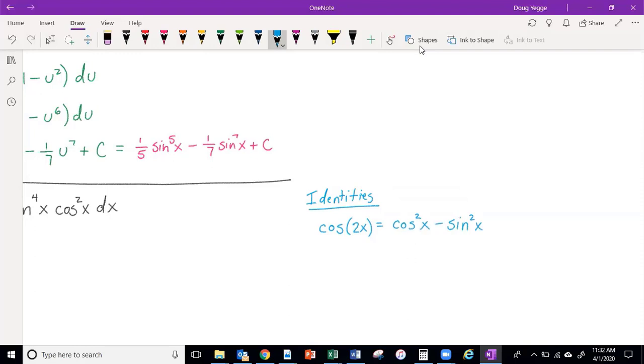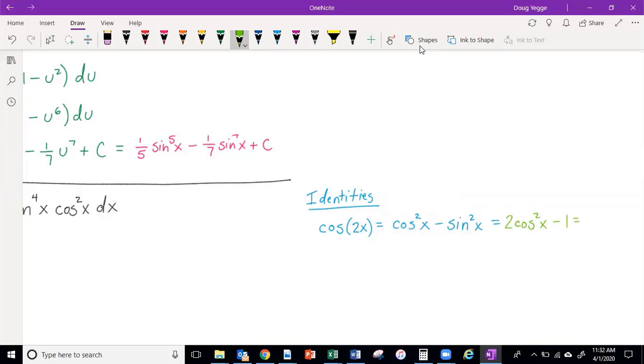That's one way to write it. If I wanted to write it purely in terms of cosine, then I could just rewrite sine squared x as 1 minus cosine squared x. And then I could rewrite it in a slightly different way. I could have written it as 2 cosine squared x minus 1.